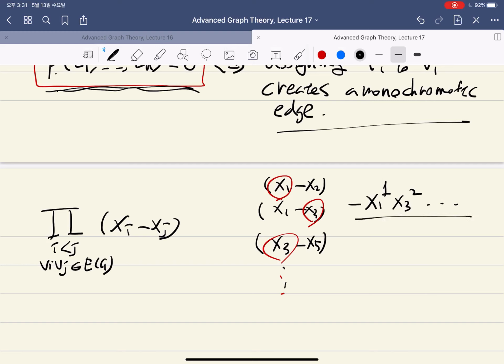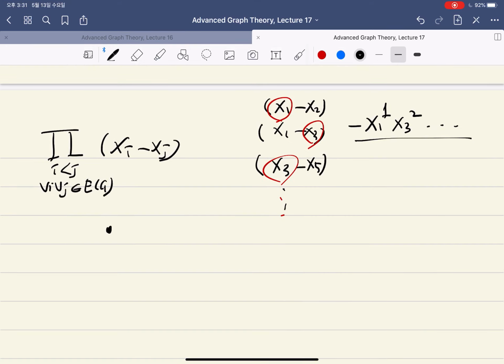So each term looks this way. But in the graph, these are edges v1v2, v1v3, v3v5. Choosing a factor is as if we are choosing an orientation.